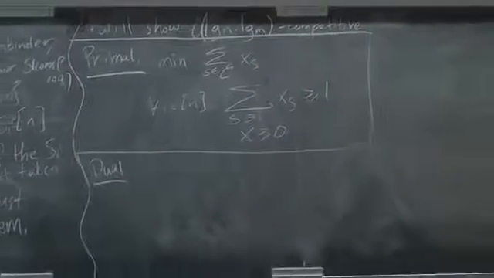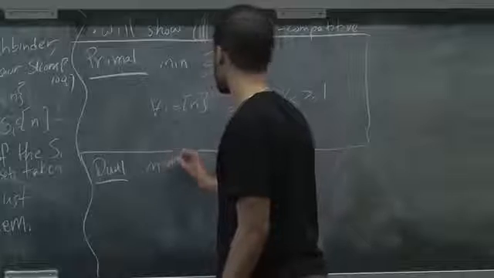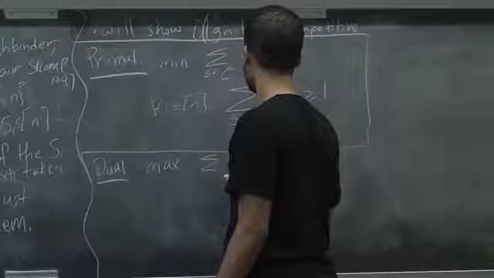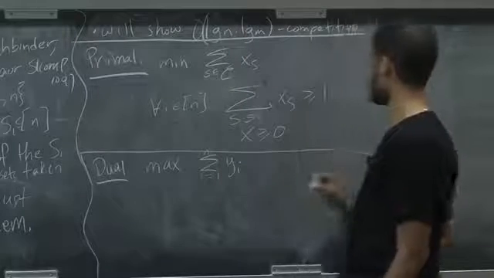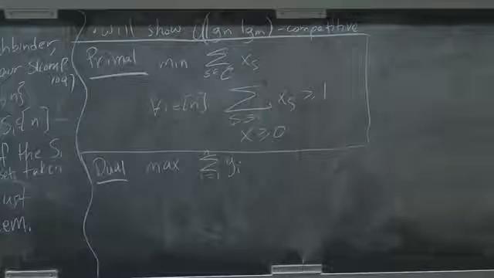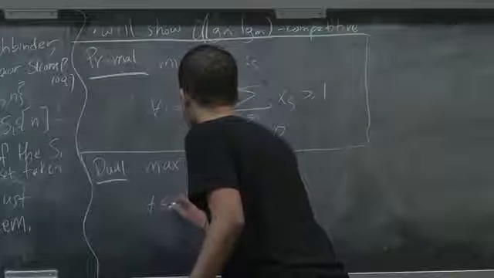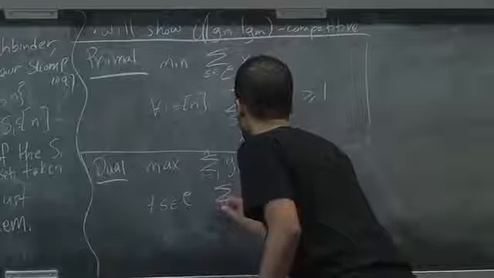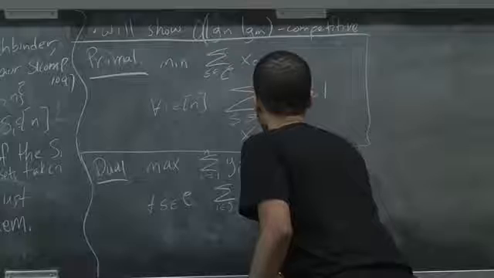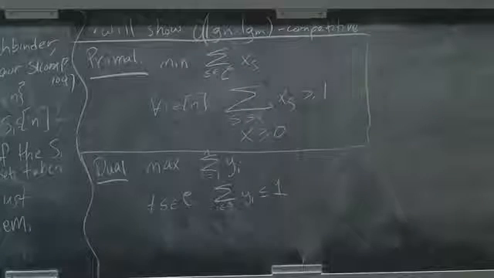Remember, we have one variable for every constraint, so we have one variable for every i. So this is maximize the sum over i from 1 to n of yi. And for every variable, we have a constraint. So for all sets S in the collection, we have a constraint which says that the sum over i in S of yi is at most 1.